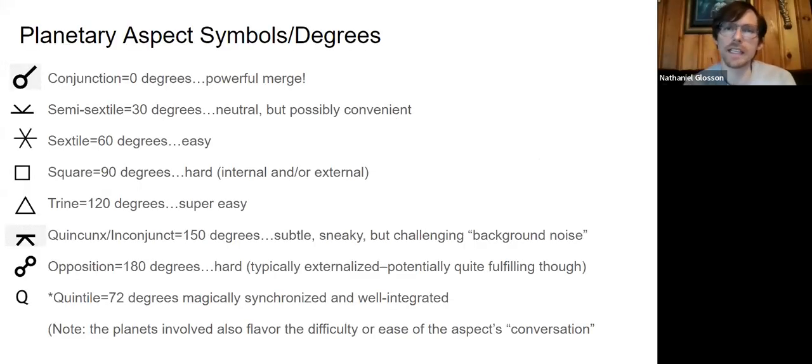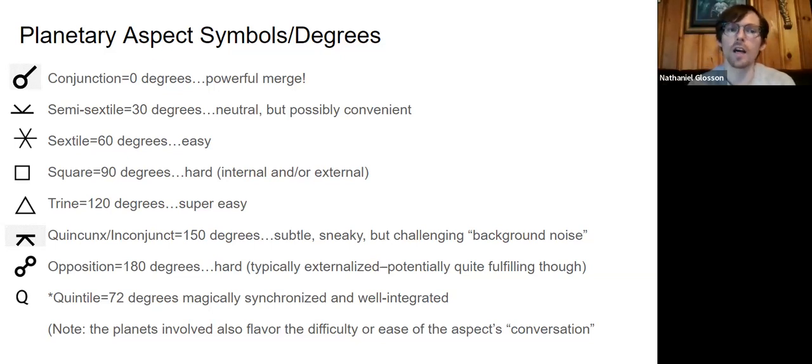These are the symbols and the degrees that you'll see on a chart when they're showing one of these aspects. The aspects are indicative of when planets are in a certain geometric connection between each other. It's a certain amount of degrees around the wheel of the zodiac.